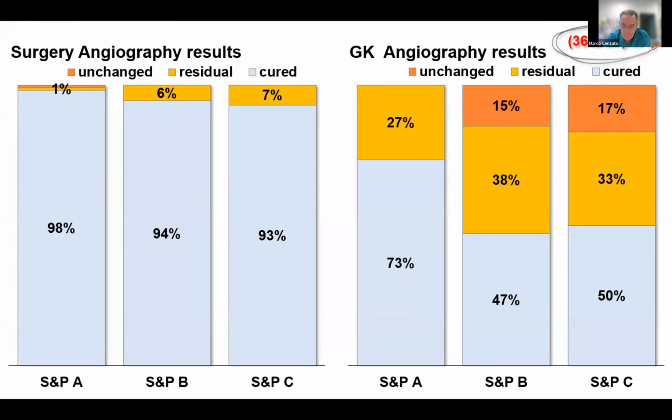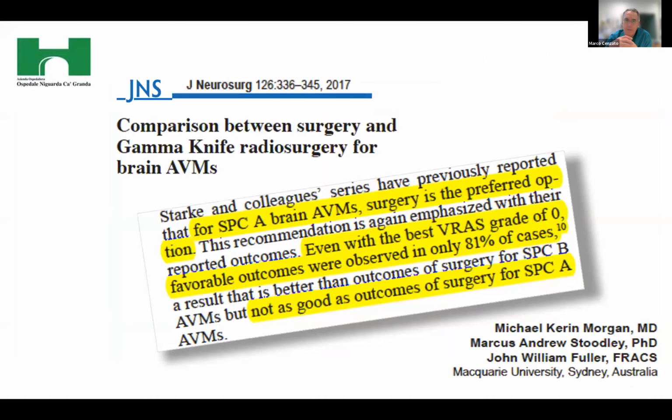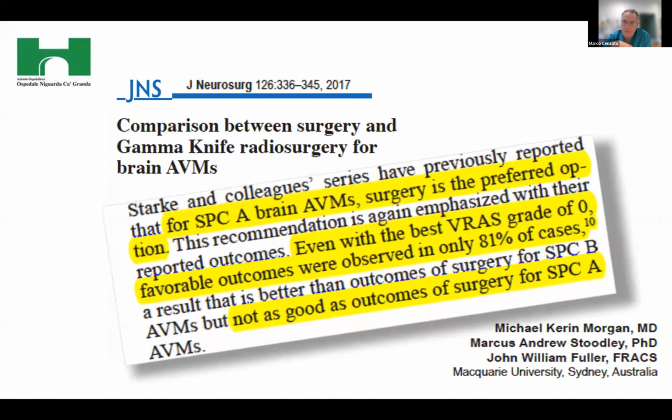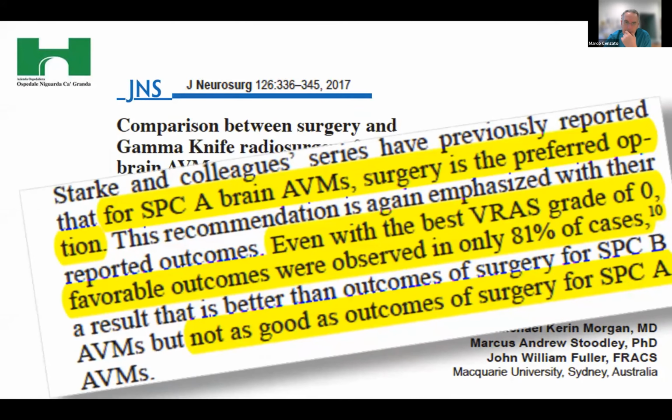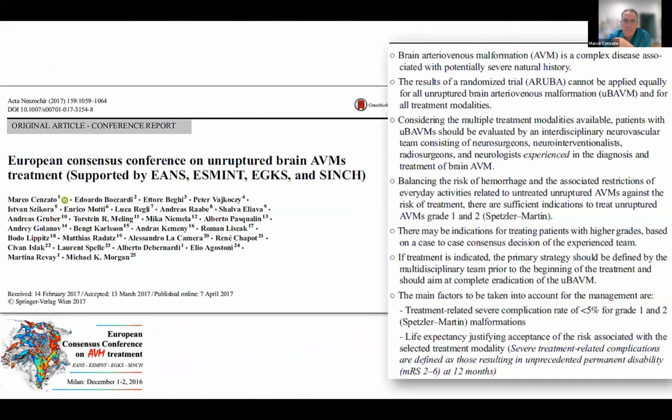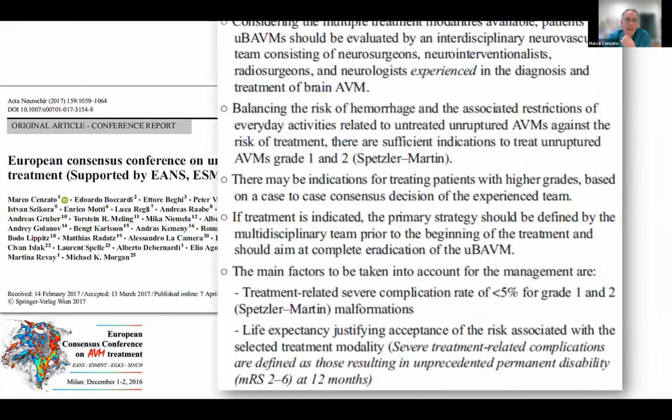Of course, gamma knife is very useful for deep, eloquent, and higher risk AVMs from a surgical point of view, but considering also our experience, the results are lower than the results of surgery. So for small AVMs, surgery remains the best treatment.